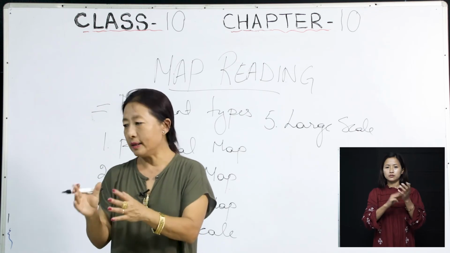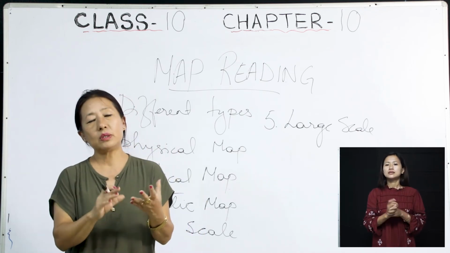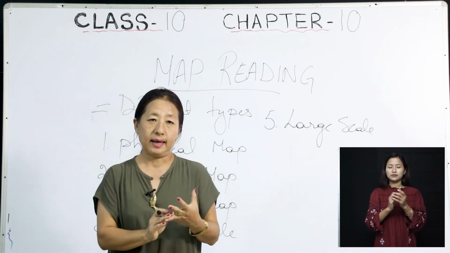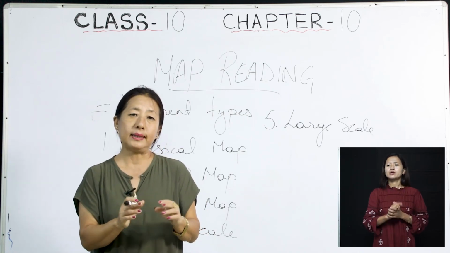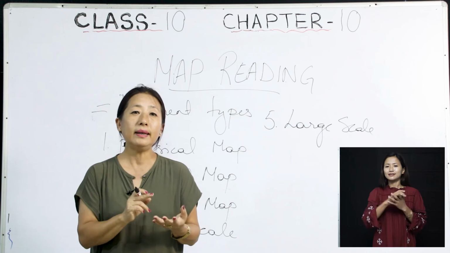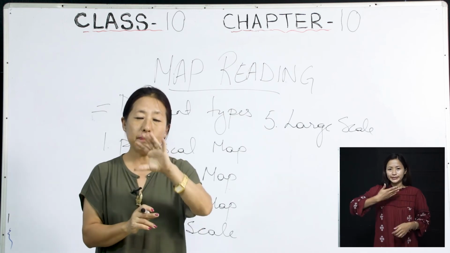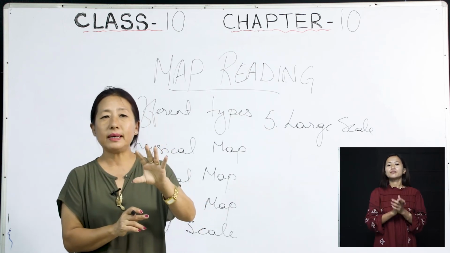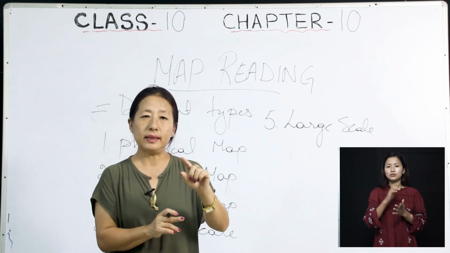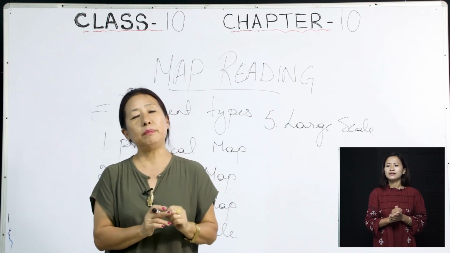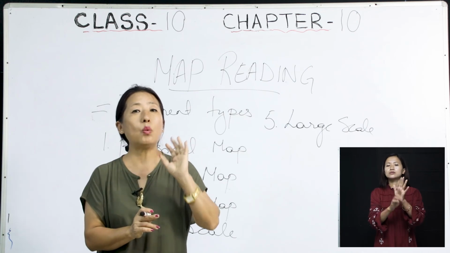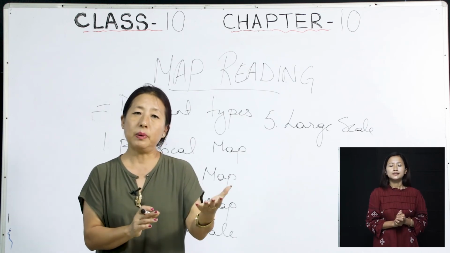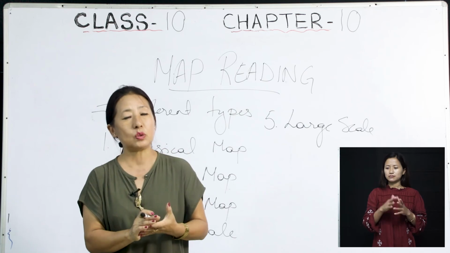Lastly, we were discussing the conventional signs, and we discussed the two most important ones, the colors blue and green. In the map, if it is a blue color, it is indicating the water bodies, which means oceans, seas, and so on.